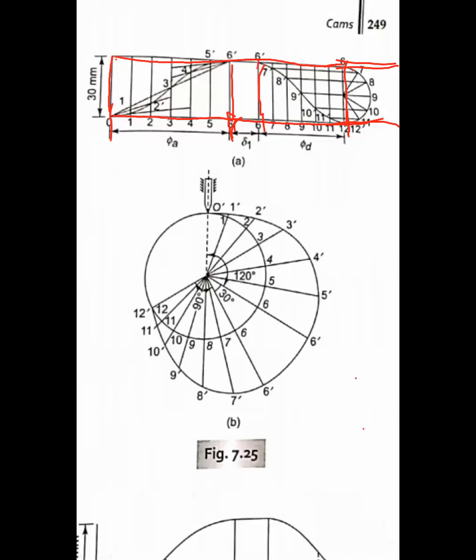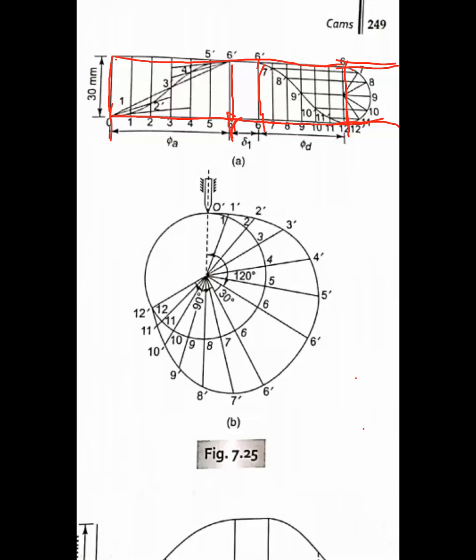First, we divide the outstroke period into an even number of equal parts. Let us say 6 parts. That is 60 by 6, so each part value is 10 mm. So 1, 2, 3, 4, 5, 6. Give the numbering and draw the vertical lines.